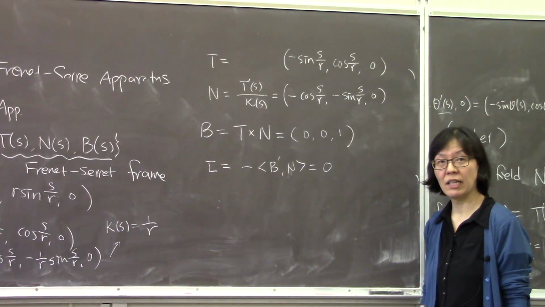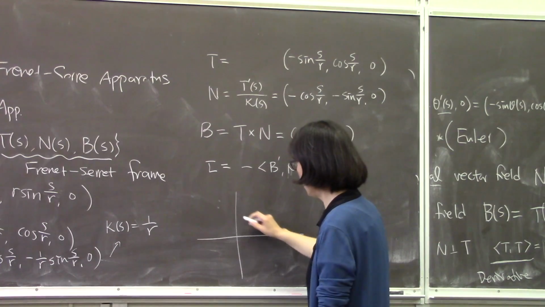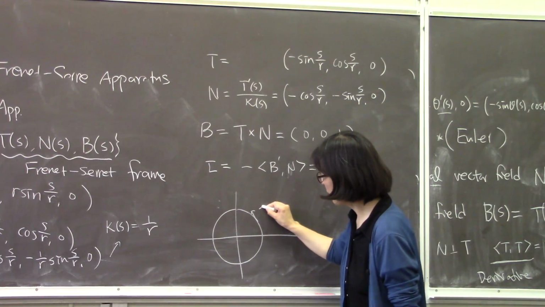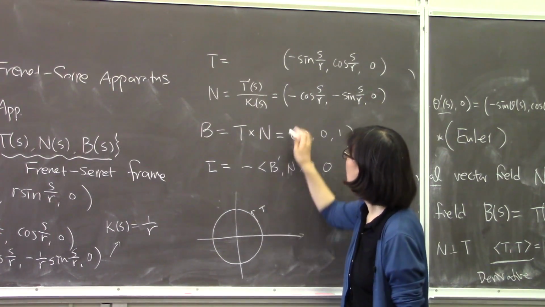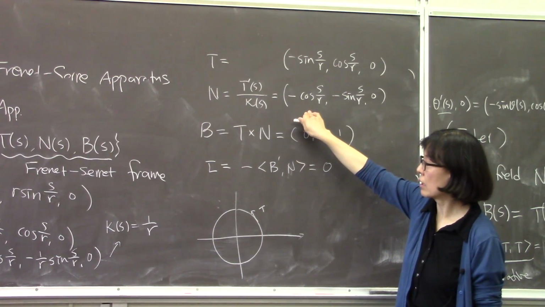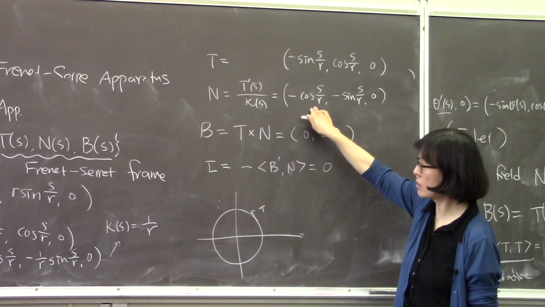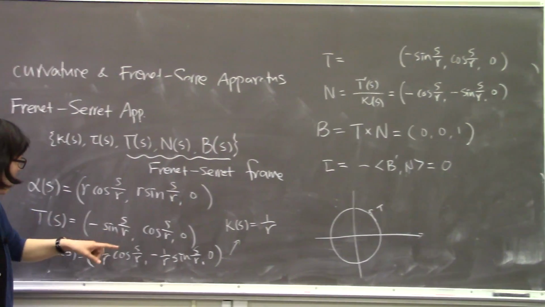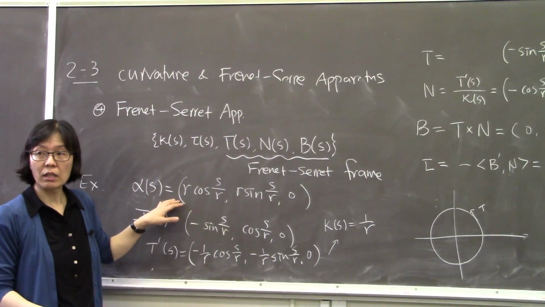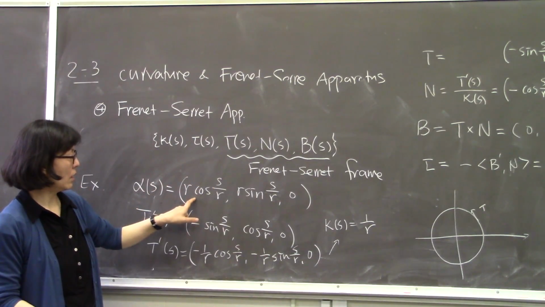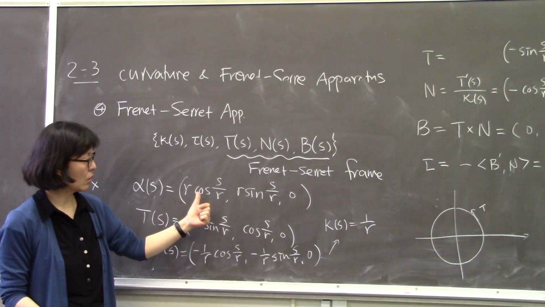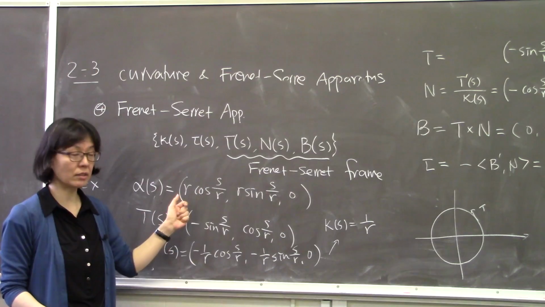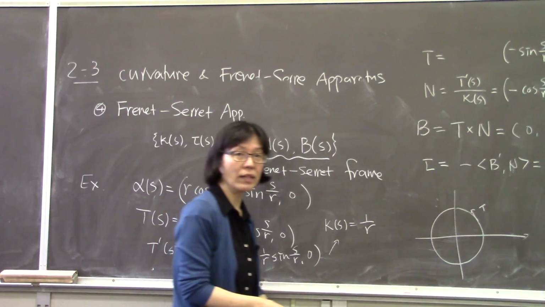If you graph it, here is a circle, and at this point is T. What is N? N is pointing inward. It is minus cosine and sine of s over r, similar to the original curve except for the sign.